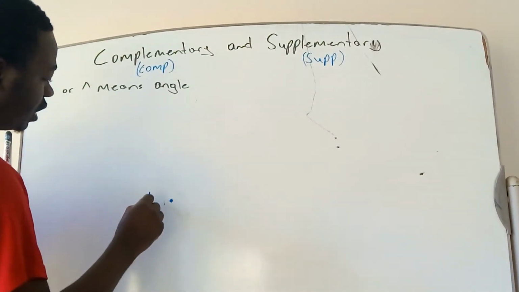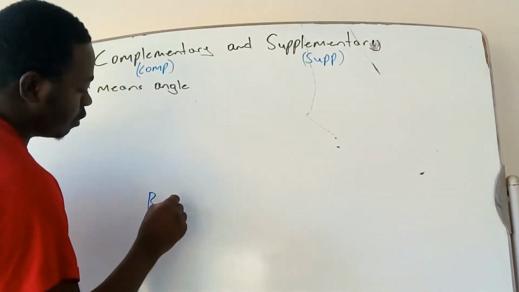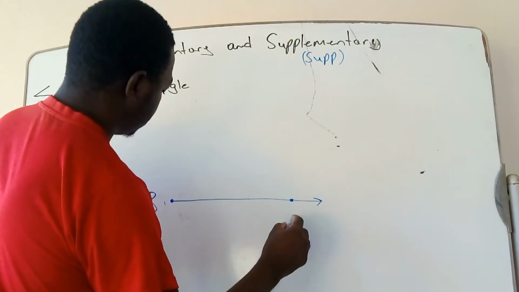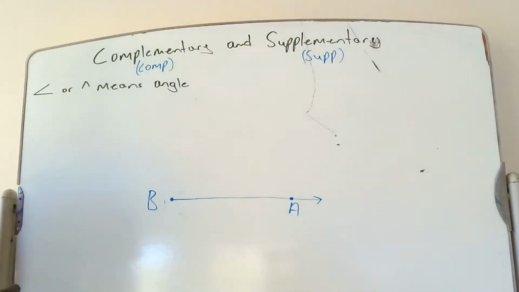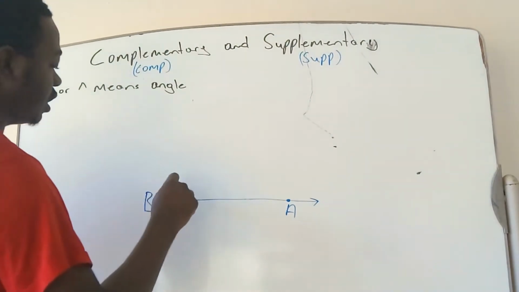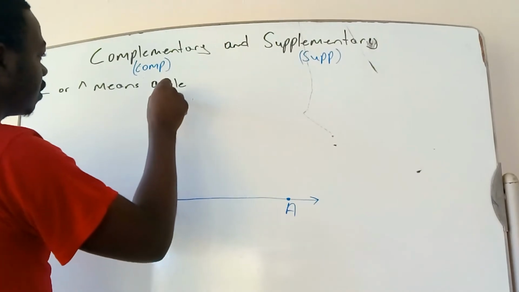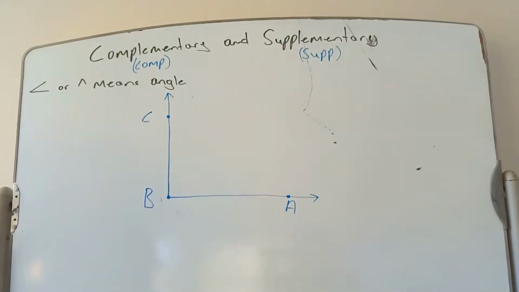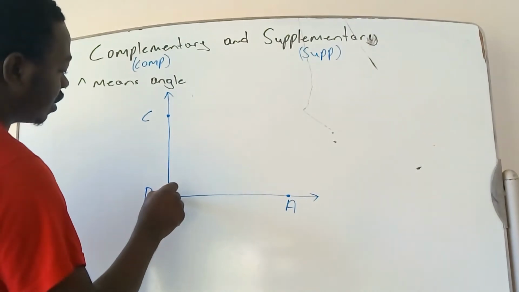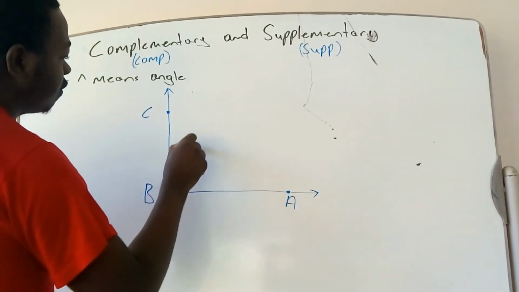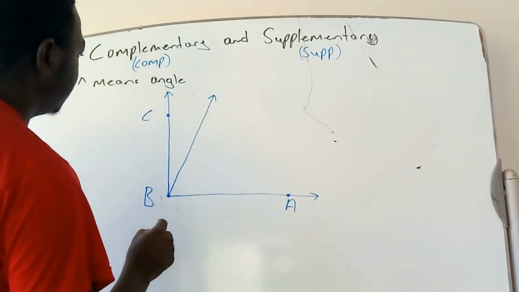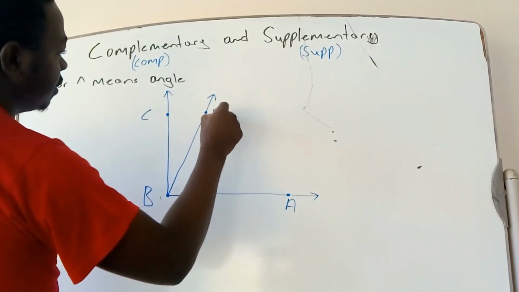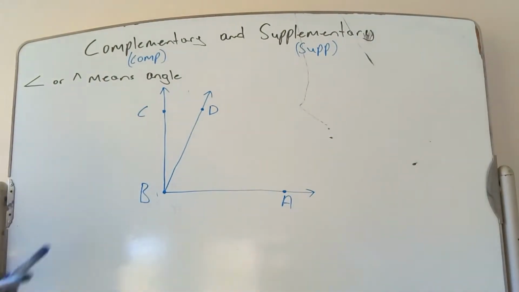So we have point B here, and we have a ray from this point going in this direction, and it extends to A. And let's say that we have a next ray that is perpendicular to this ray, and at that point we call it C. And let's say that we have a next ray extending from this point going in that direction, and we call this point D. Note that we would have formed two angles.